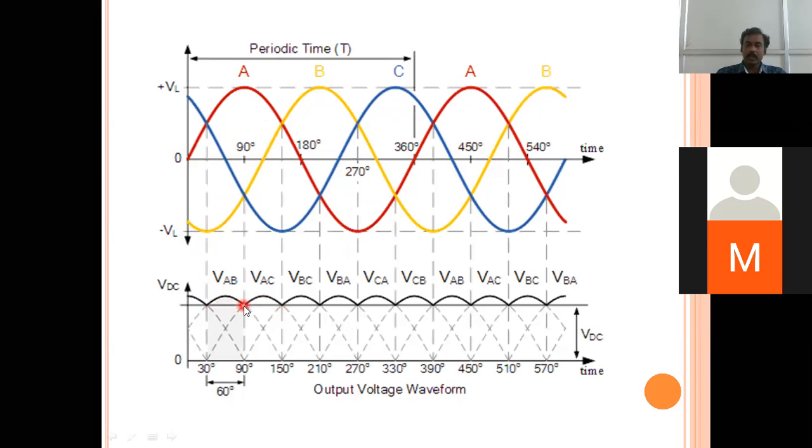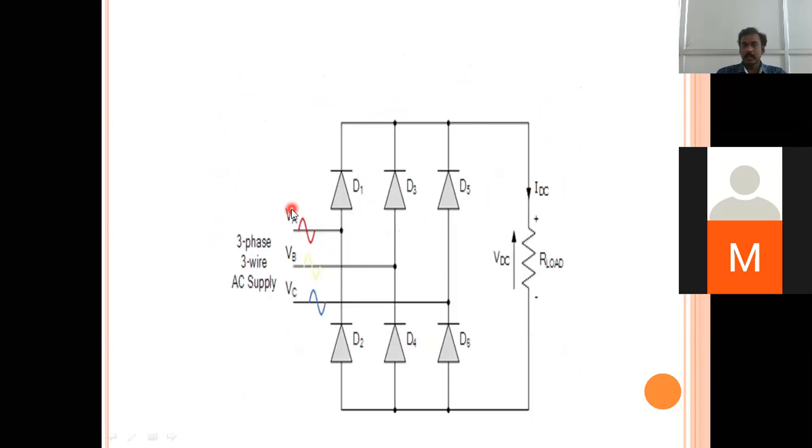This is the reason in the negative conducting devices, that is D2, D4 and D6. For a positive conduction of 120 degrees, the negative conducting devices share two, 60 degrees one device, another 60 degrees the other device.